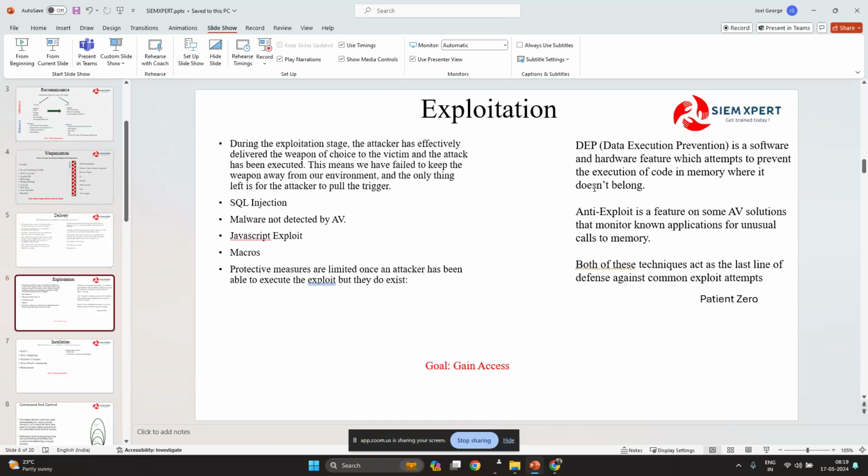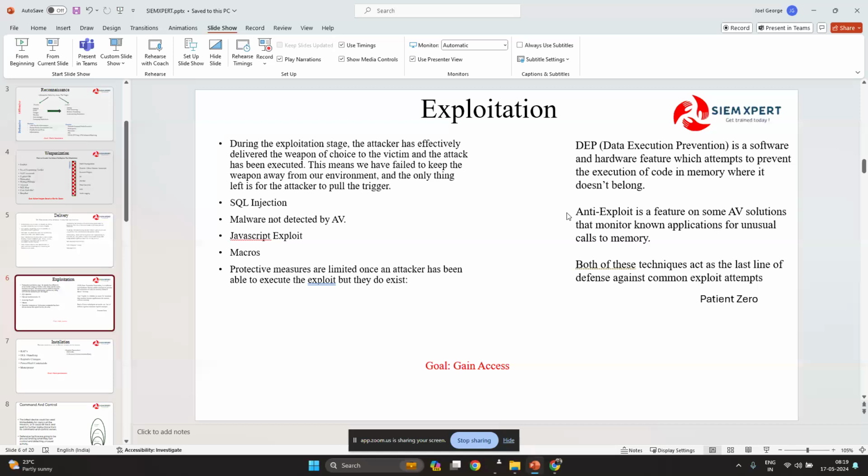And this is where a good EDR solution also comes in handy. When you have an EDR solution, it can detect certain exploits and certain malware based on heuristics or based on signatures.